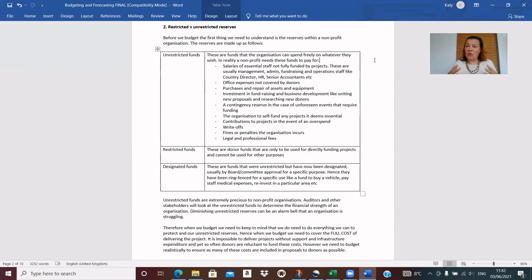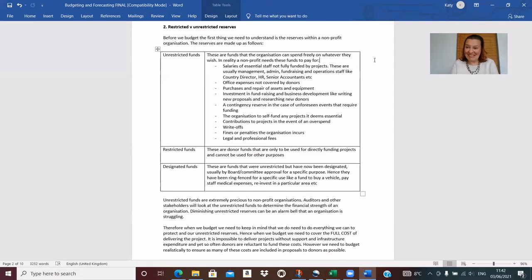If we have no unrestricted funds, what it can mean for an organisation is that if there was some kind of emergency, or we overspent on a project and we needed to fund it, and suddenly we couldn't fulfill this financial obligation from our unrestricted funds, well, that would put our organisation in danger. So that's why we always need to ensure that we do have this buffer of unrestricted funds within a non-profit organisation.